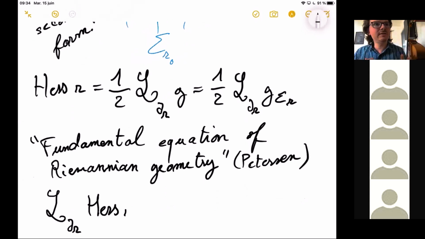What we're interested in is how the second fundamental form moves along those sigma r hypersurfaces, and it moves in the following way. Maybe one quick note on the Riemannian curvature tensor, because there is a big mess of convention here.